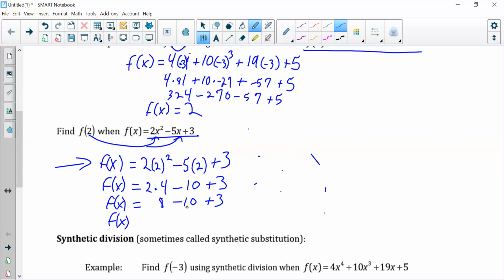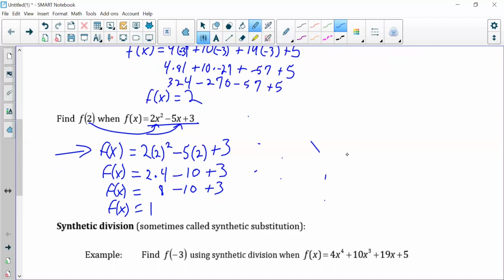So 8 minus 10 is negative 2, plus 3 is 1. There we go, equals 1. All right, so this just follows exactly like we've done before. You did a lot of this in Algebra 1, where you just plugged it in.